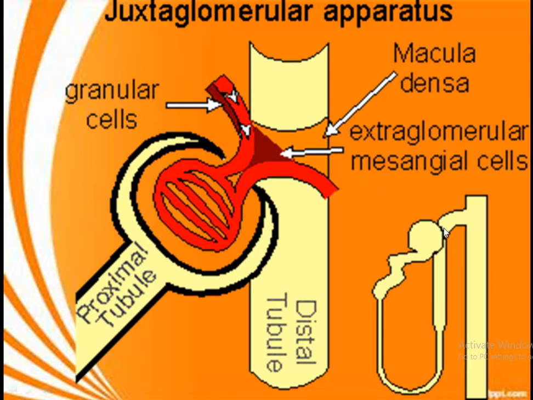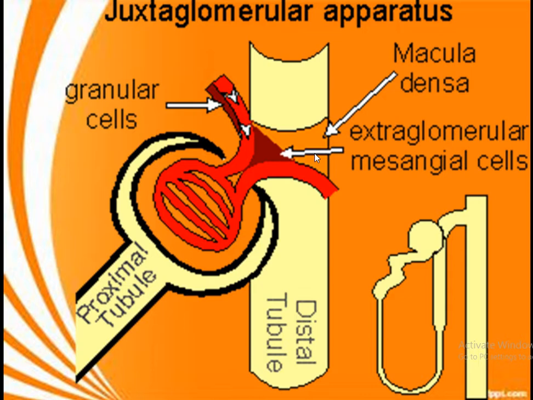This part, the initial part of the distal convoluted tubule, has a very specific structure named the macula densa. These are specialized sodium sensors. These are the specialized cells. They have the sodium sensor. So this point exists in close association with the glomerulus, number 1.